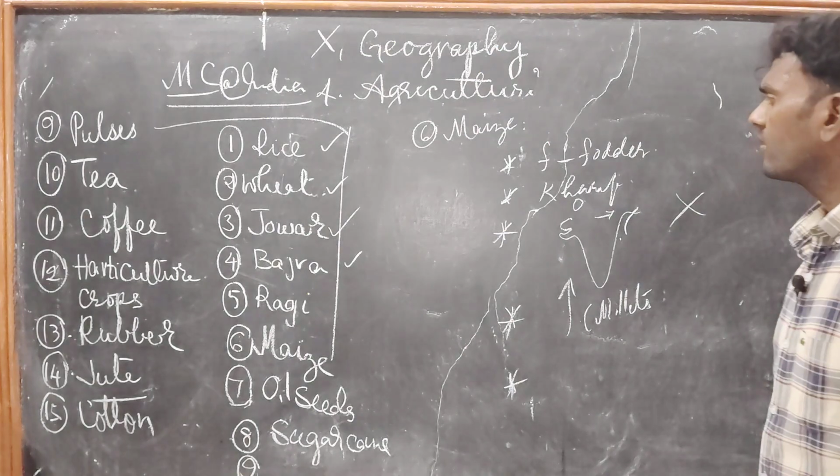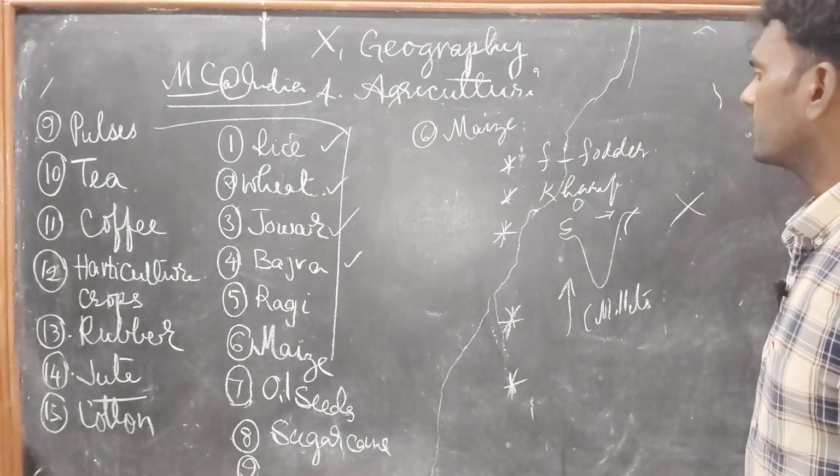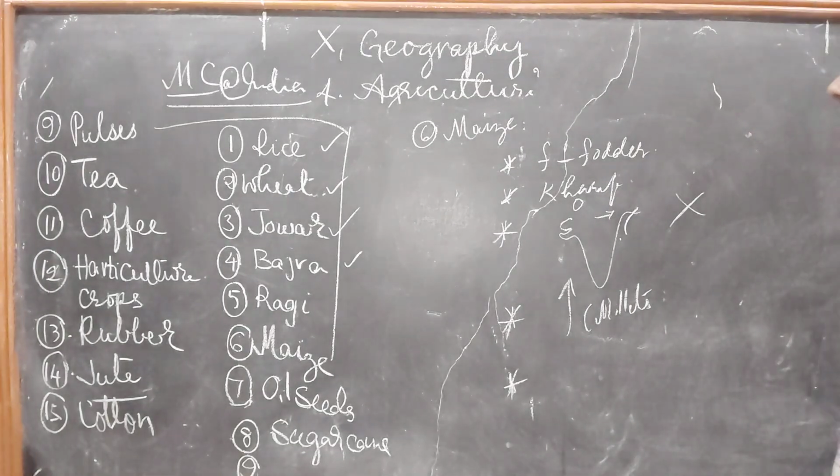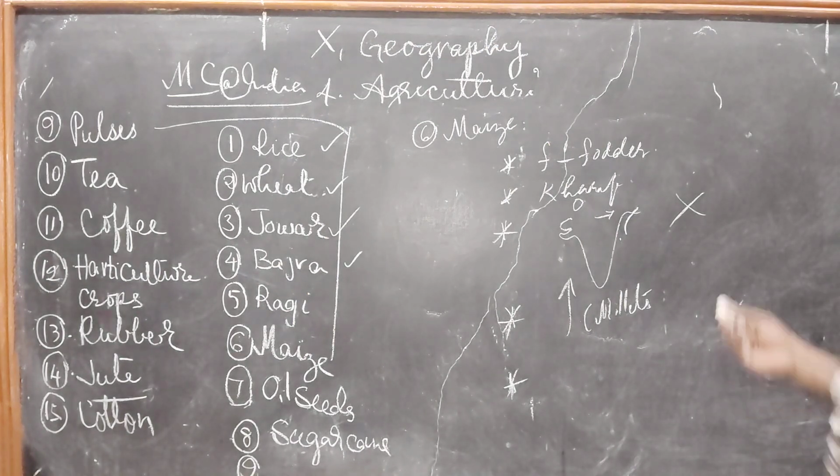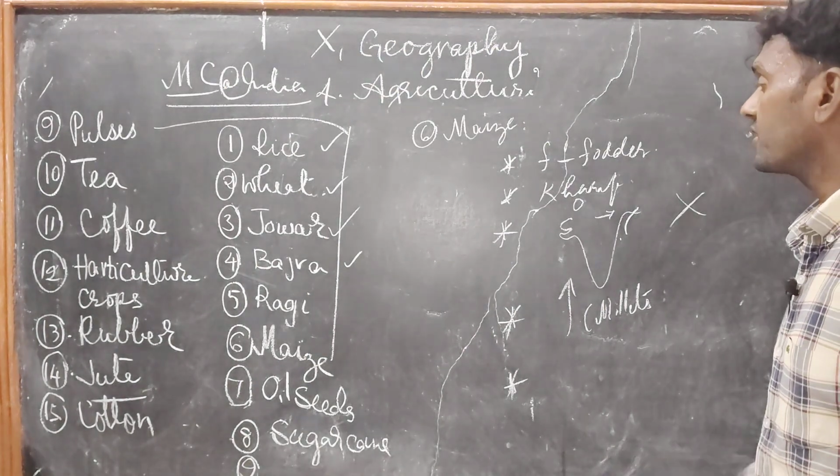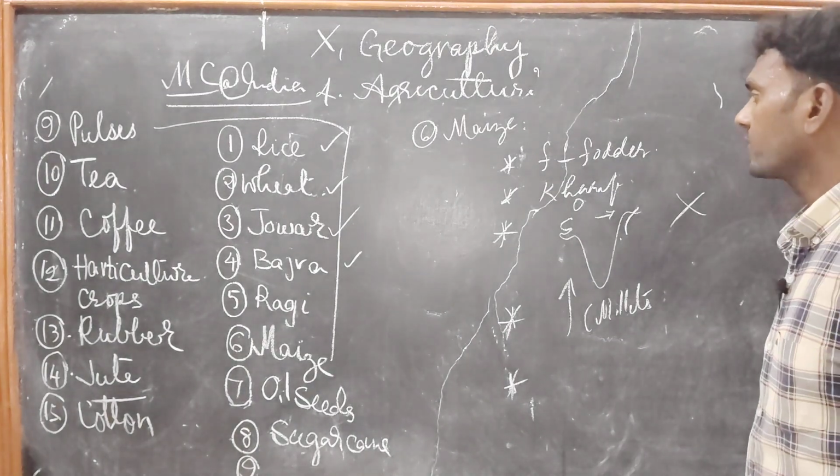In southern India, we cultivate maize for a different purpose. In Northern India, these people cultivate maize mainly for fodder purpose. And what are the major producing states in India?